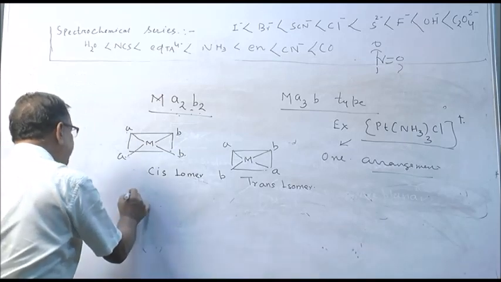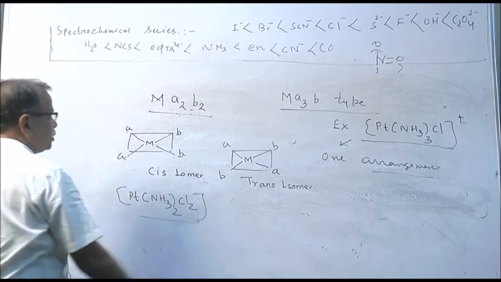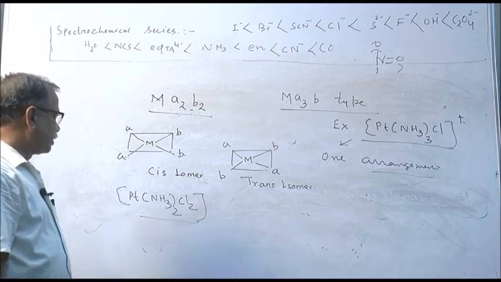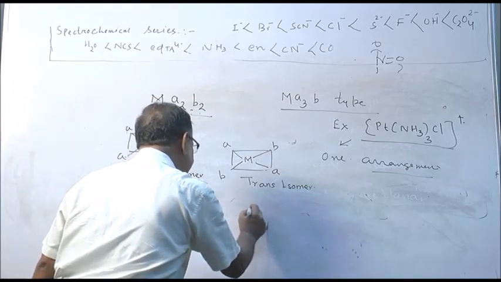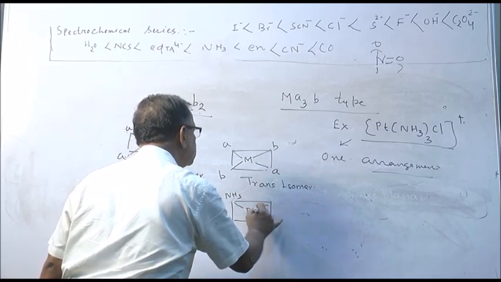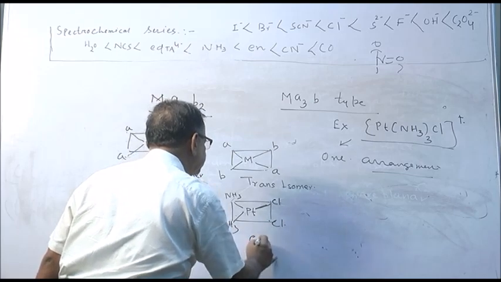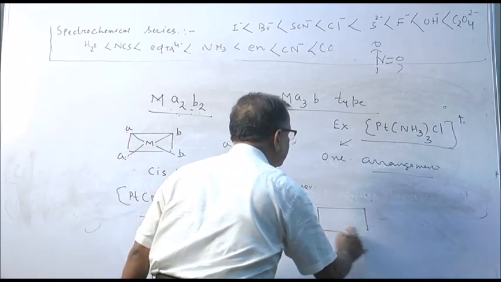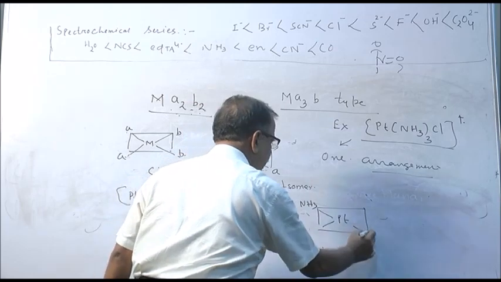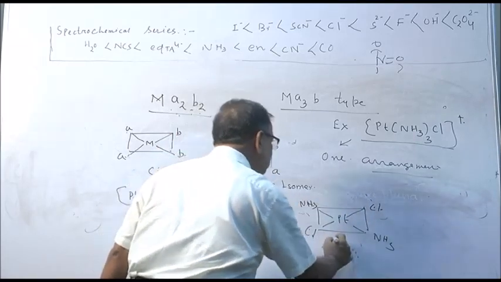If you take the example of Pt(NH3)2Cl2, this complex, and the question asks you whether this complex will exhibit geometrical isomer or not, in that case we have to answer that this is Pt NH3 Cl, this is cis form, and this compound will be Pt NH3 Cl opposite direction, Cl opposite direction, NH3 opposite direction, that is called trans.